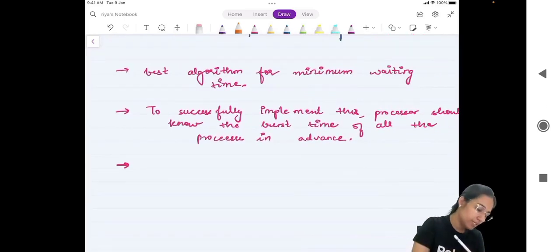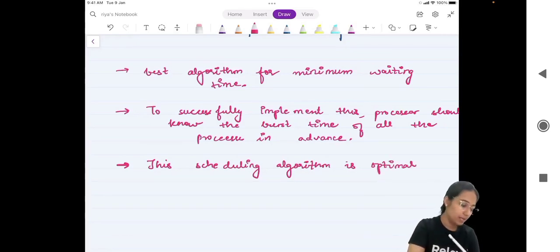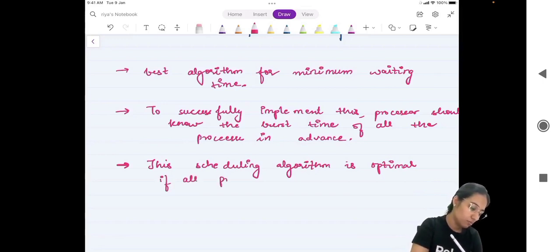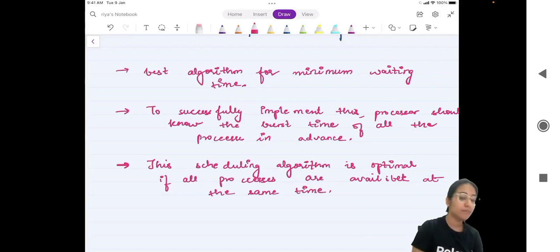So another point is this scheduling algorithm is optimal if all processes are available at the same time.